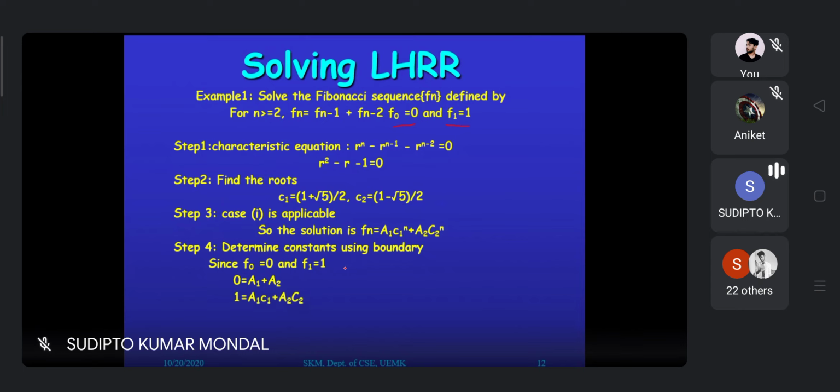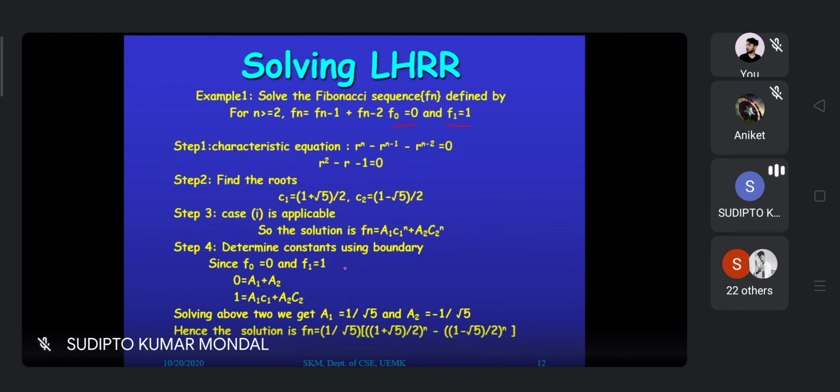Two expressions we have written after applying the boundary conditions, and from these two expressions we have identified the values of the constants a1 and a2. Then we apply those values in this expression, and we get the final solution of the given recurrence relation. Fine. So this is the approach of solving a linear homogeneous recurrence relation.